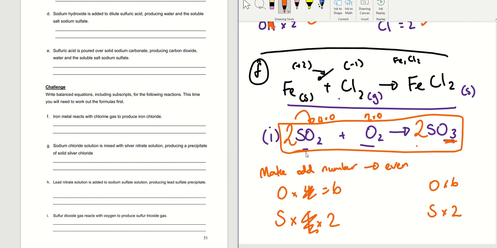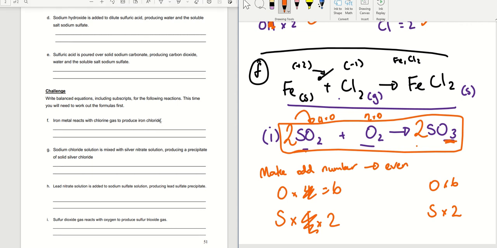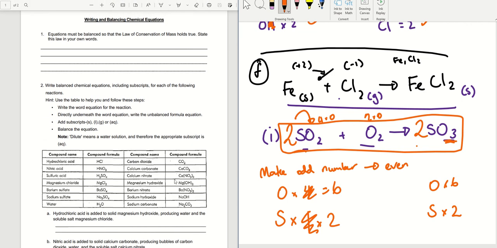Hopefully this video has helped you with writing balanced equations. Obviously, the more difficult version of this would be you trying to write the formulas out without this little chart to help you. If you can write chemical equations without looking at the original formula and construct it by yourself, then top notch.